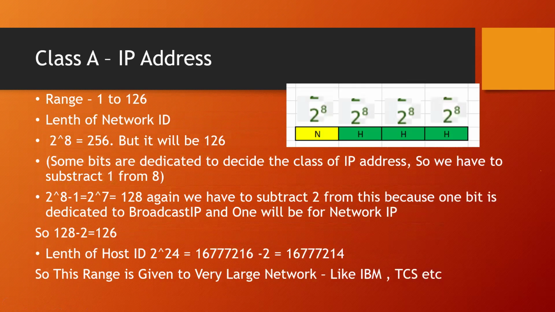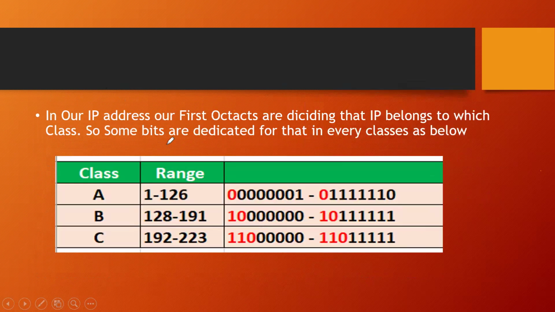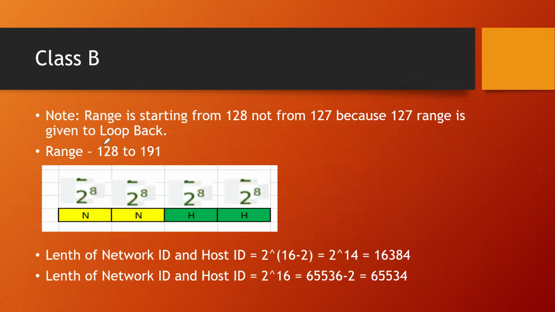You can see the class A IP address is 1 to 126. After 126, class B should start at 127, but it will be 128.